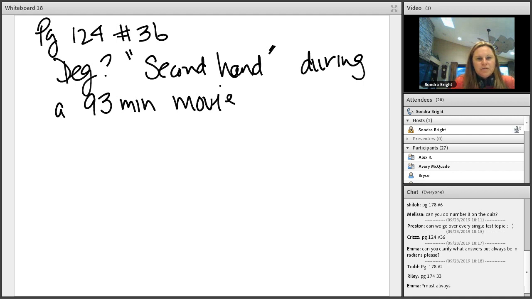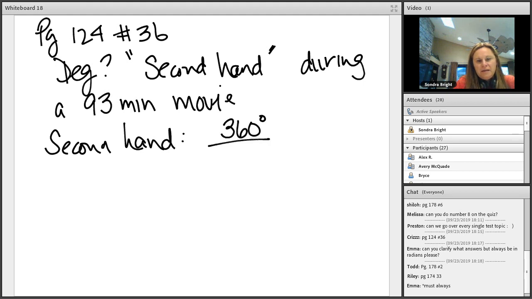Okay, so the second hand goes 360 degrees in 1 minute, right? The second hand is the one that goes tick, tick, tick, tick, and it takes 60 seconds for it to go all the way around, or 1 minute.